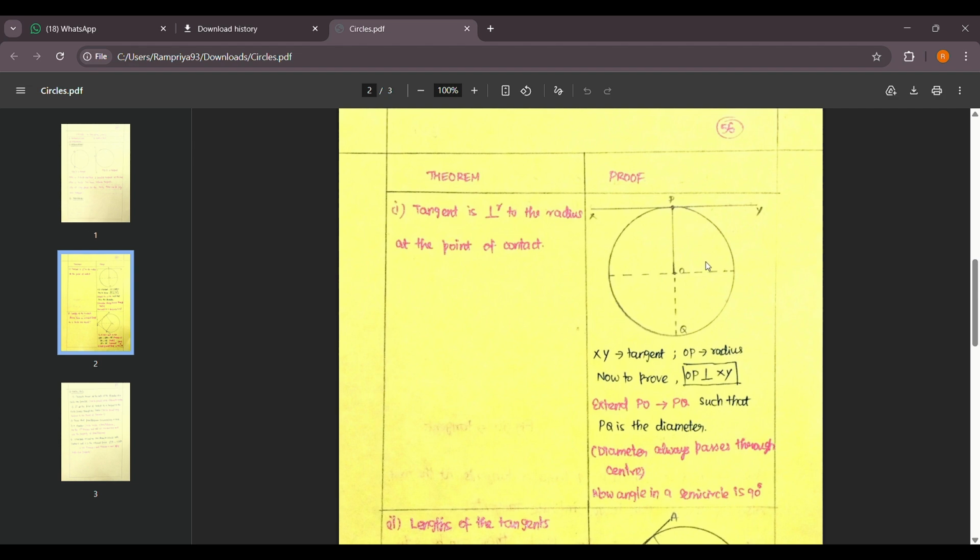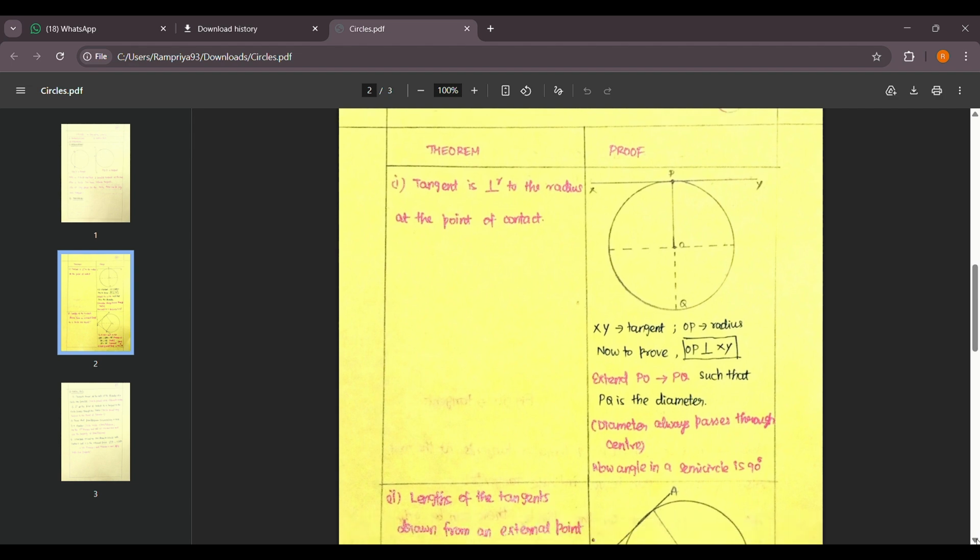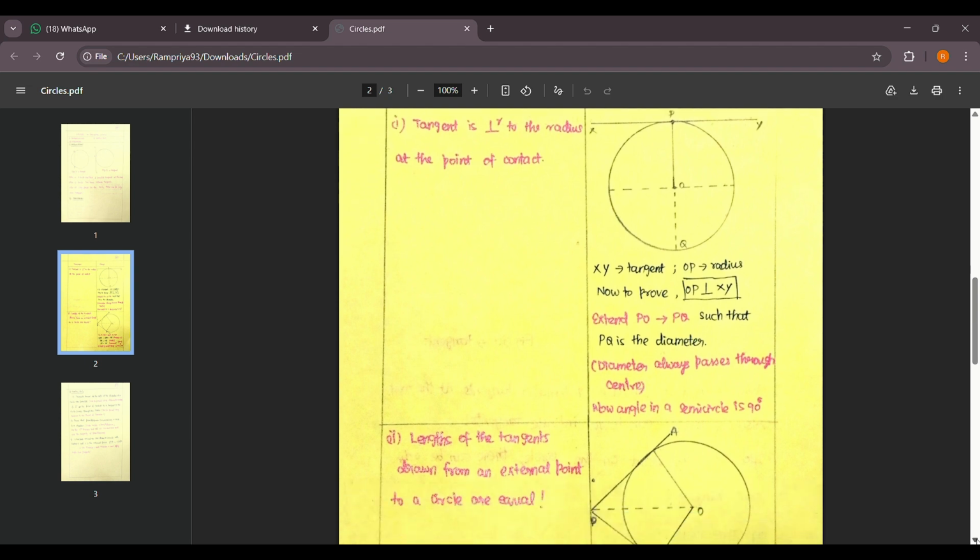And you know very well that the angle in a semicircle is 90 degrees. That means OP should be perpendicular to XY. This is the simplest proof. Hope you guys have understood it well. The same way you can write it in your exam and you will be given full marks. This is a simpler method to solve this question.